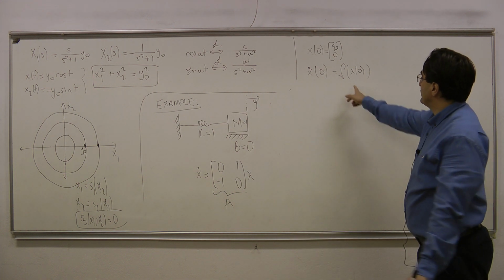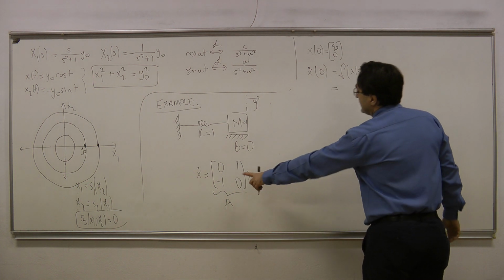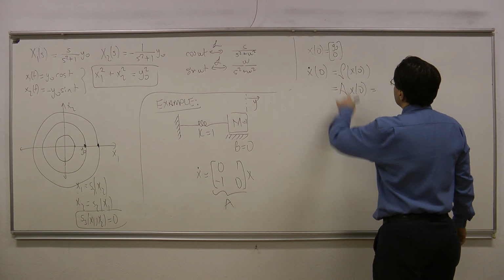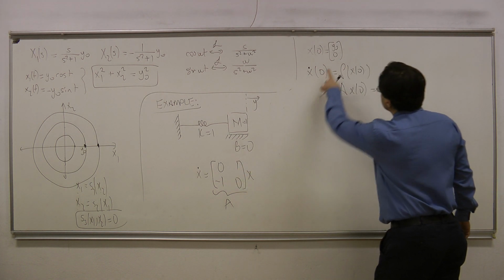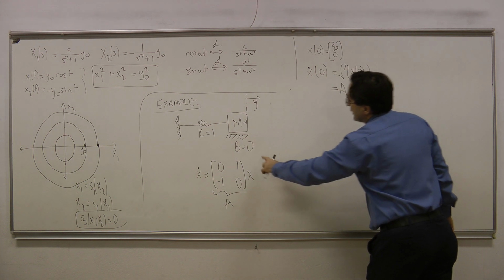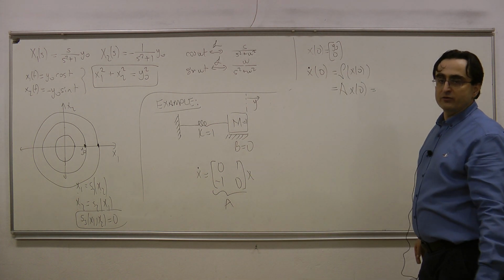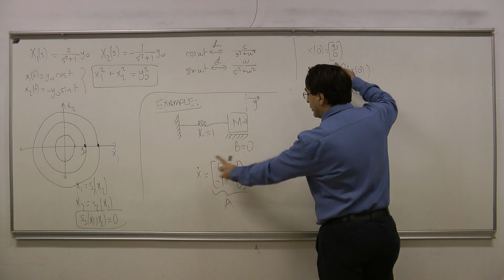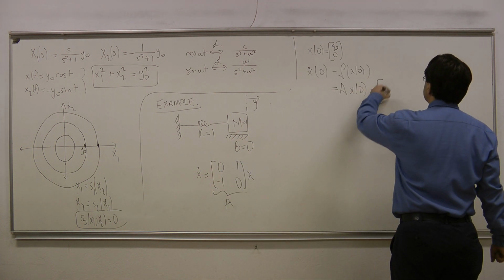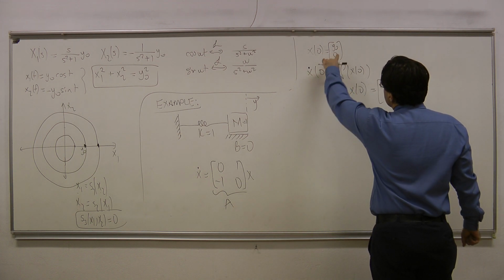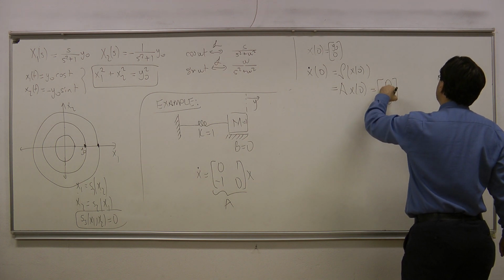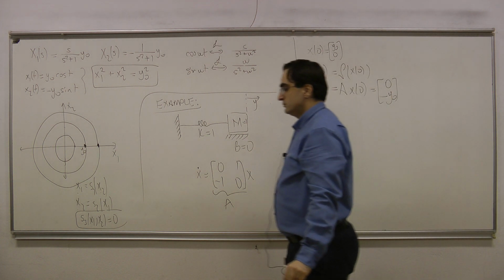But here f of x0 is nothing but A times x0. Multiply this matrix with x0, and you will find the initial velocity vector. But this is nothing but y0 times the first column, 0 minus y0.